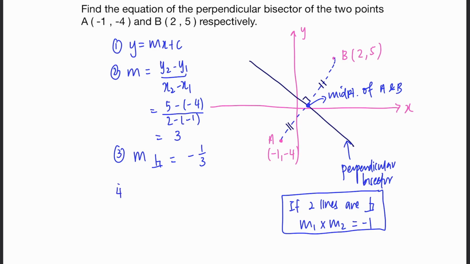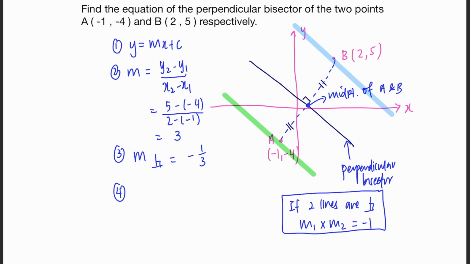Next step, we need to find the midpoint of A and B to find the y coordinate. So why don't we sub in A and B, like how we do with the equation of a straight line? Because if you sub in the coordinate of B, you actually will get this line. And if you sub in the point A, you actually will get this line.